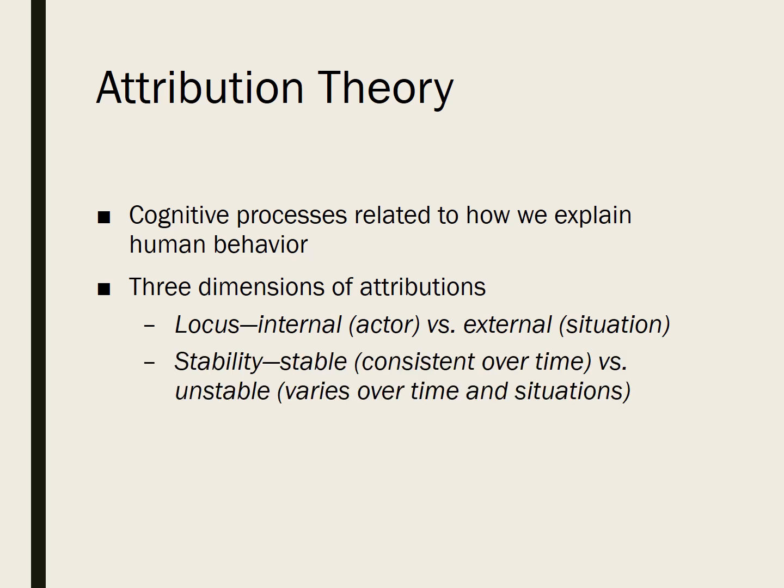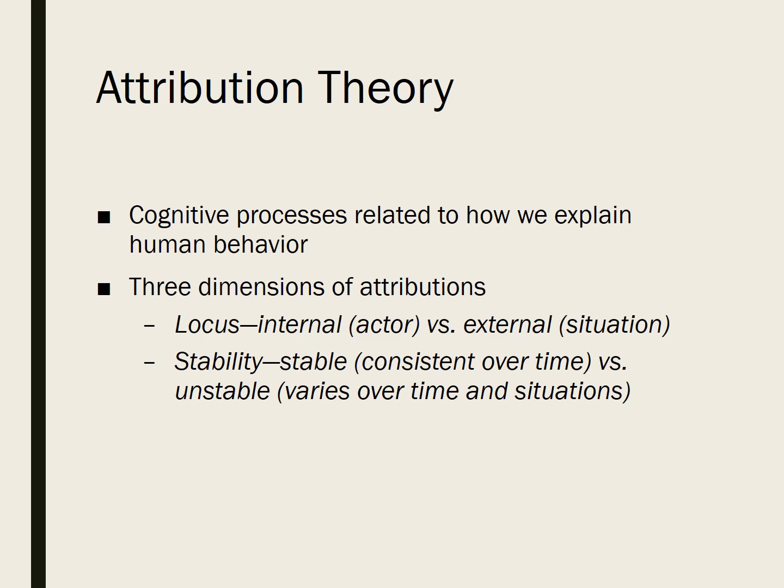Stability deals with, is this a behavior that is consistent over time? Is this pretty typical of this person or this group? Versus something that's unstable, which isn't something that happens on a regular basis. It just happens occasionally. So for example, if you are someone who's perpetually late, then that would be a stable attribution. So-and-so is always late, either because that's who they are, it's a cultural thing, or something of that sort.